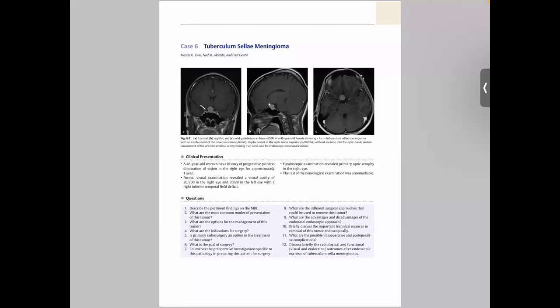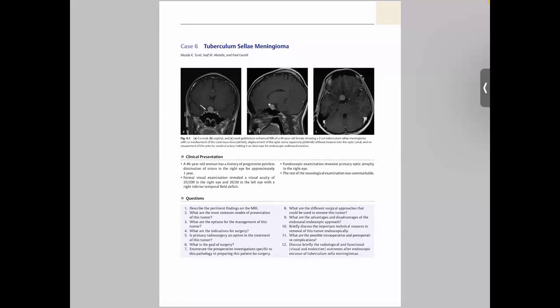So you have papilledema on the contralateral side. But visual loss is unilateral, and then of course, you have anosmia, ipsilateral visual loss, and then contralateral papilledema. So I think that's one thing to note.